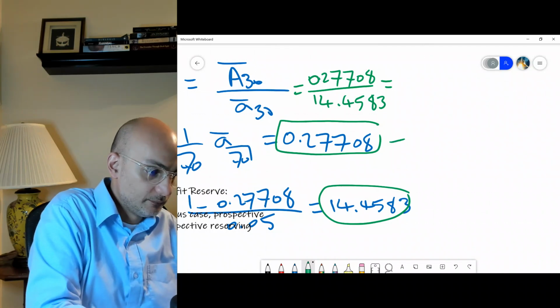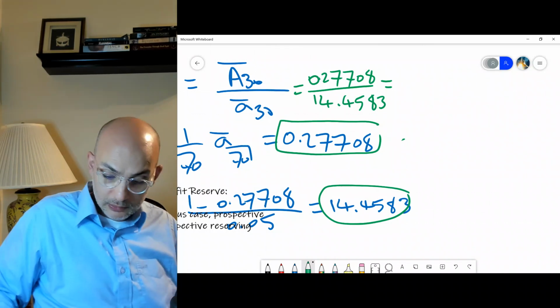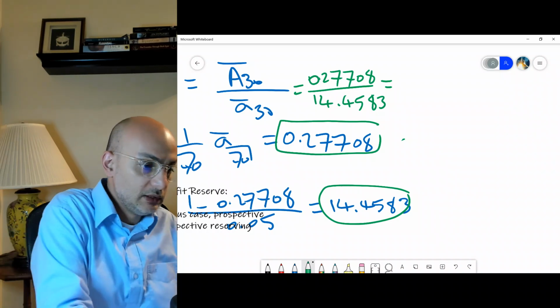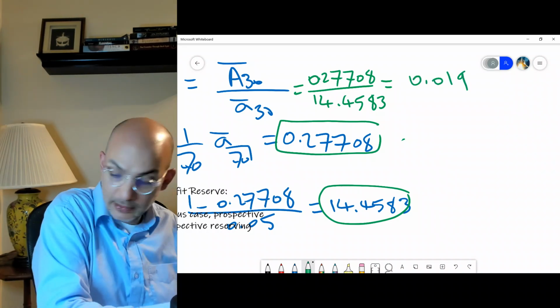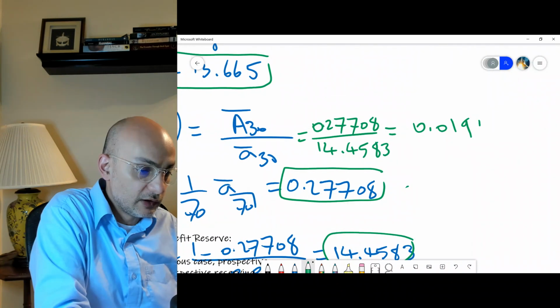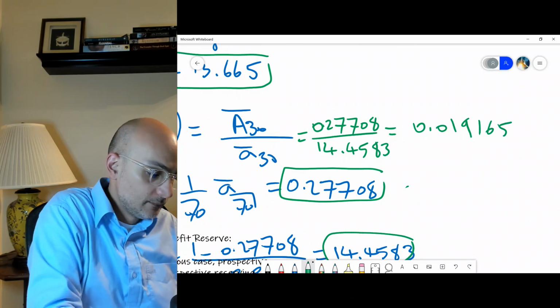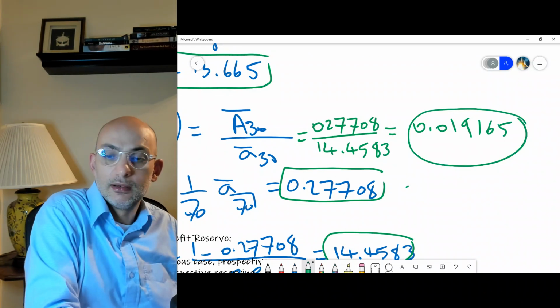Sorry, we calculated it to be 0.19165, right? So now we got this one as well.